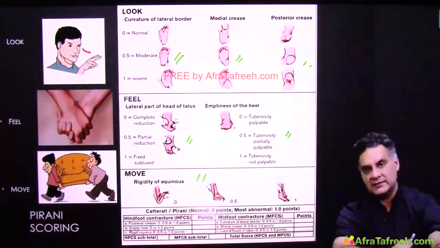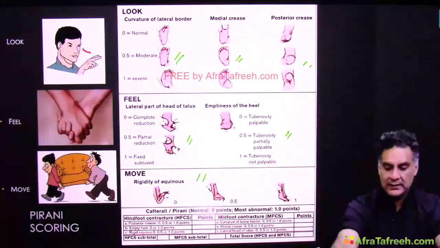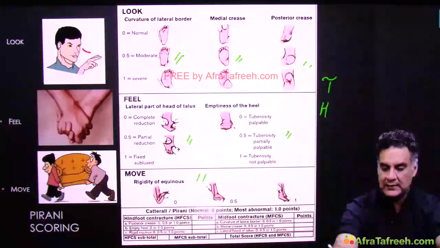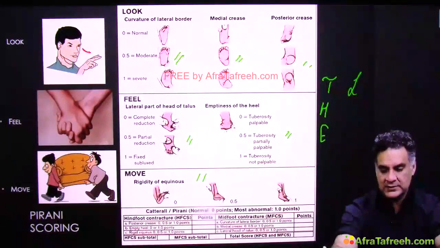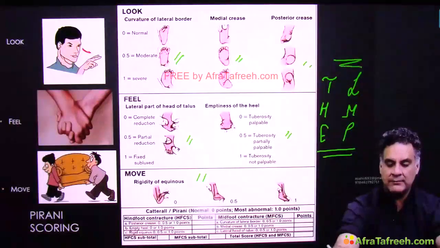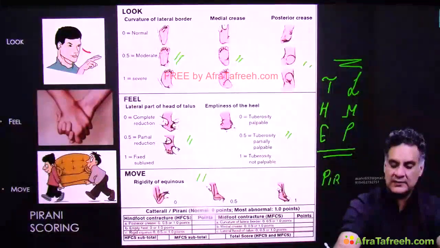Move the equinus. So it is remembered by the LMP. Talar head, heel, equinus, lateral curvature, medial crease, posterior crease. The LMP of Pirani. The Pirani word has 6 alphabets, so there are 6 things in Pirani scoring.